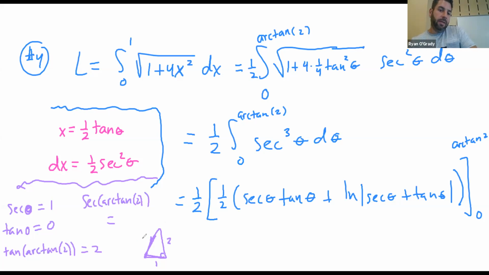Why is this the square root of 5? Because it's 4 plus 1 under the square root. So what is the secant of this angle? The secant is 1 over the cosine. The cosine is 1 over the square root of 5, so the inverse of that would just be the square root of 5. I know that we're not all experts in trigonometry, but you should get to the bottom of this. At least that's my advice.